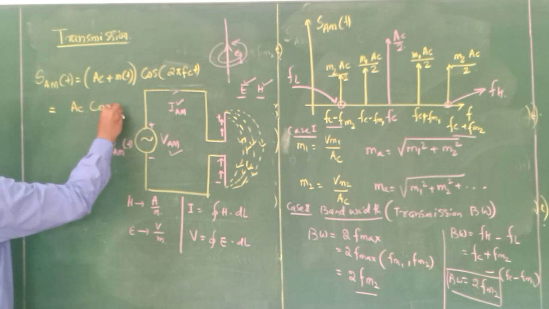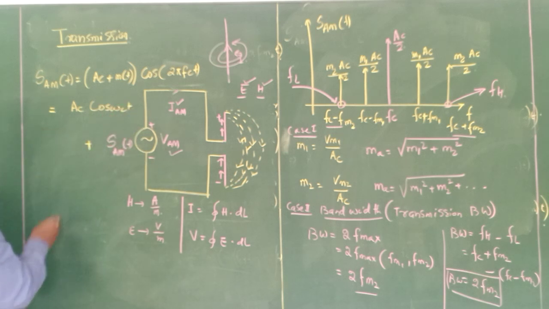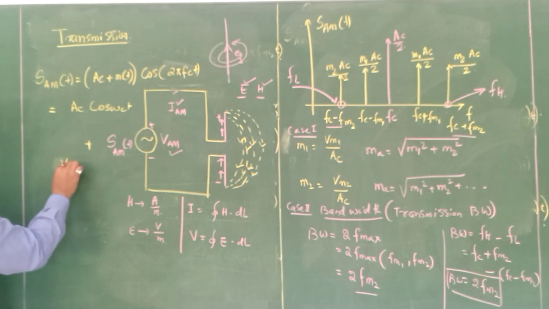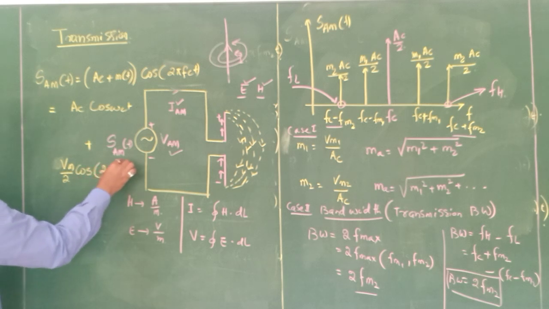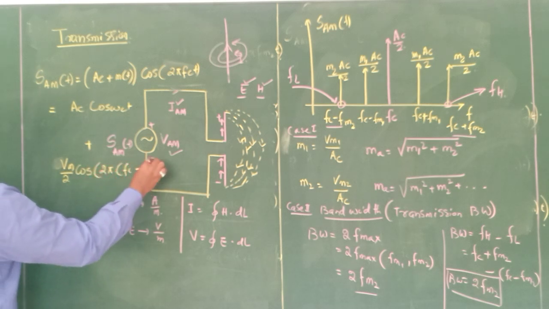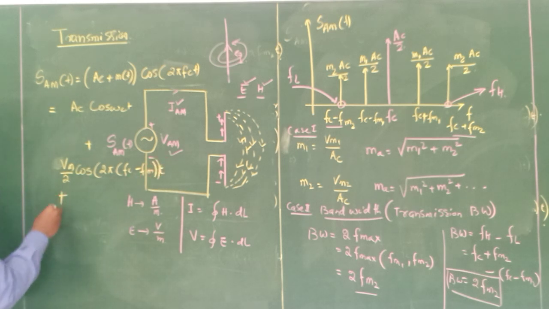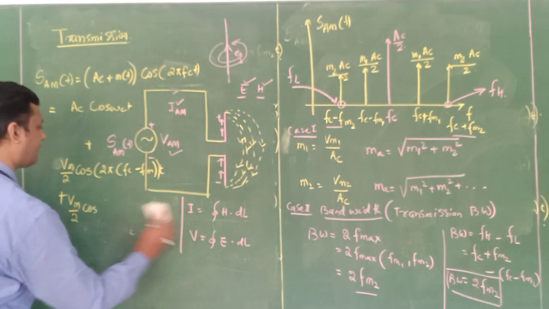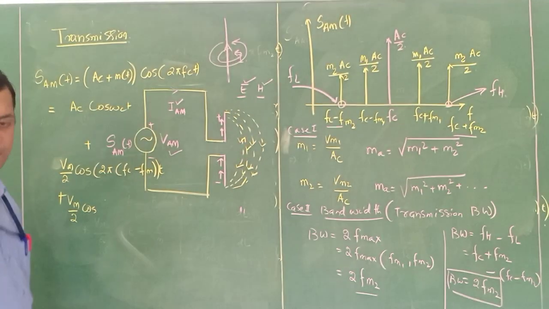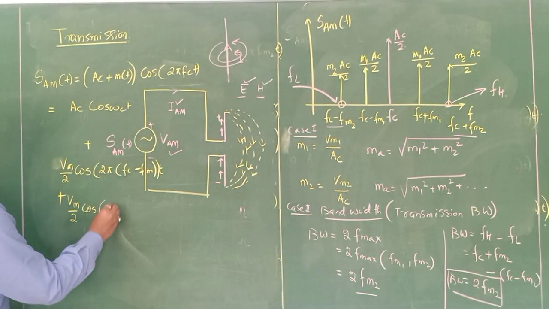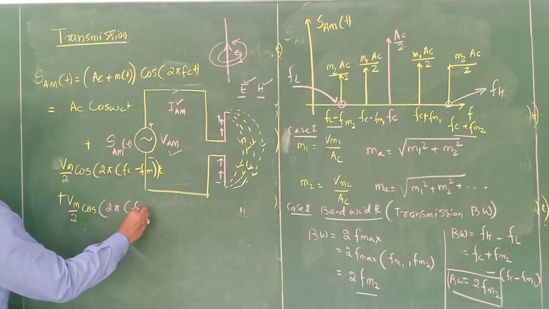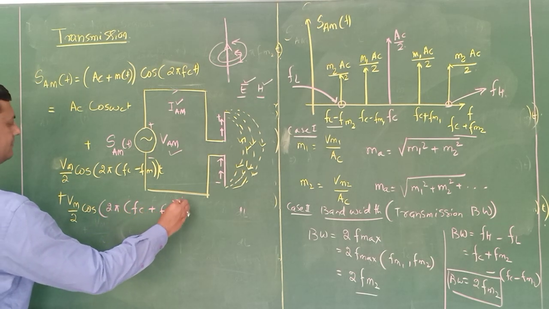Ac cos omega c t, plus sidebands, in terms of modulation index or in terms of Vm by 2 cos of 2 pi (fc minus fm) t plus Vm by 2 cos of 2 pi (fc plus fm) t.